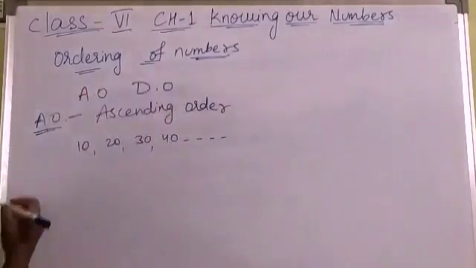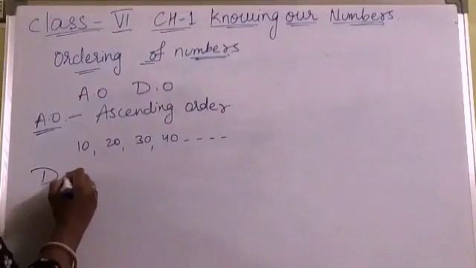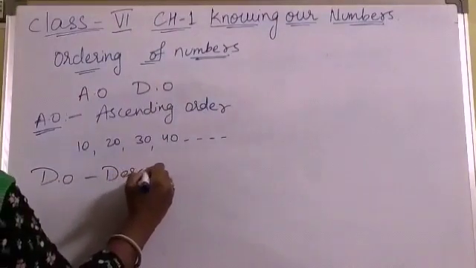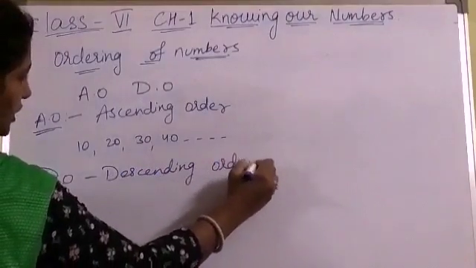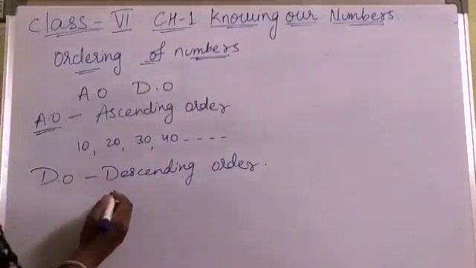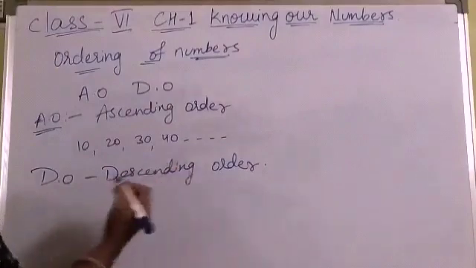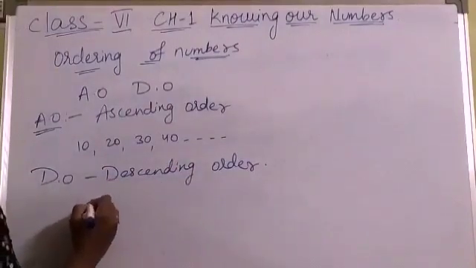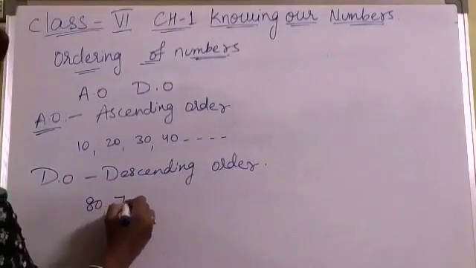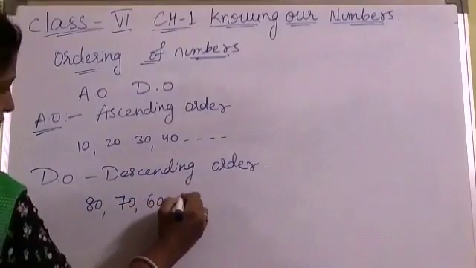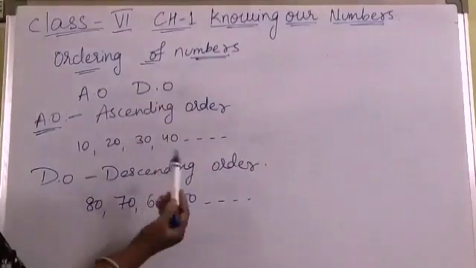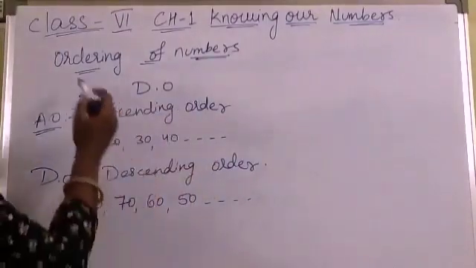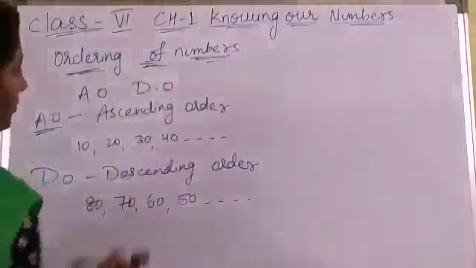These are in ascending order. Coming to descending order. Arranging the numbers from greater to smaller is called descending order. For example, 80, 70, 60, 50. They are in descending order. So arrangement of numbers in ascending order and descending order is known as ordering of numbers.